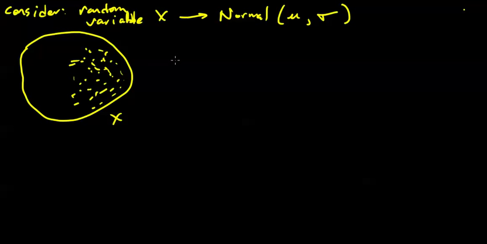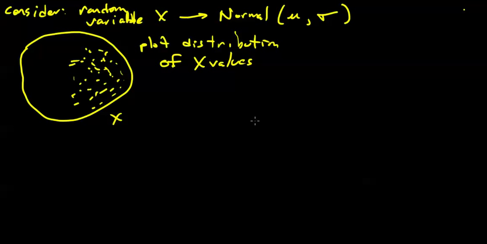Okay? If I plot the distribution of all these perhaps millions of x values, well, of course, we know what happens, right?